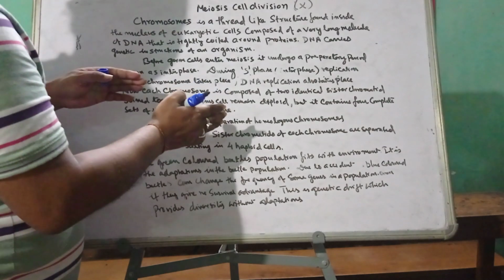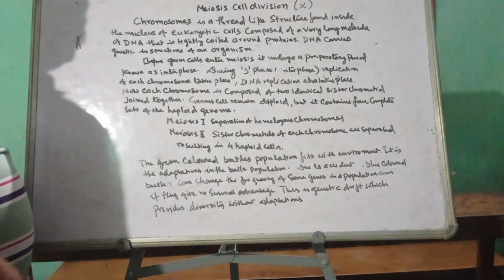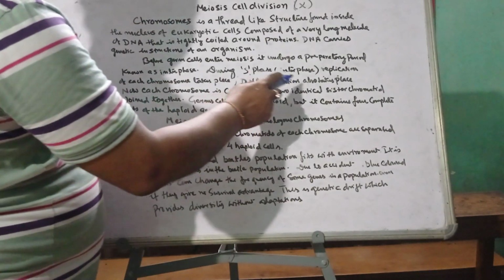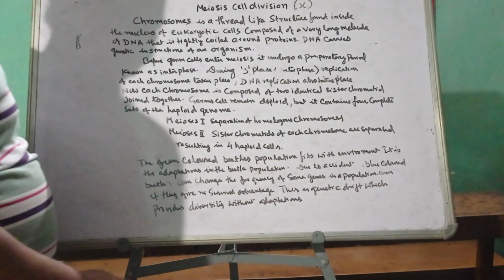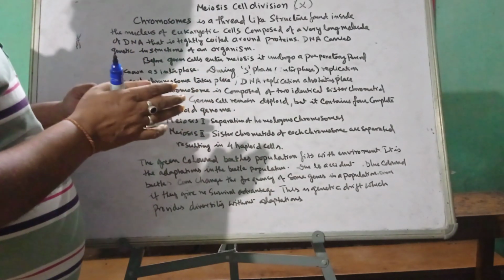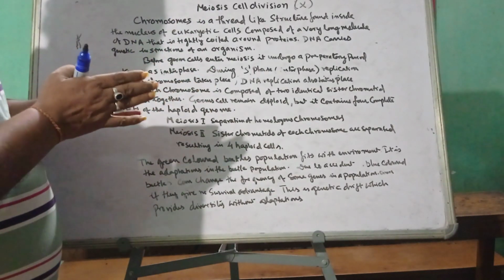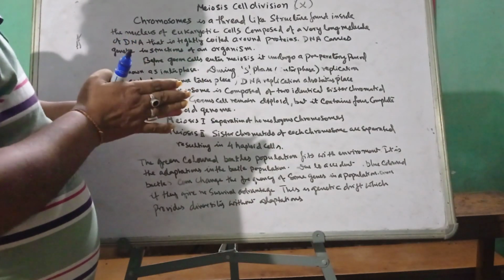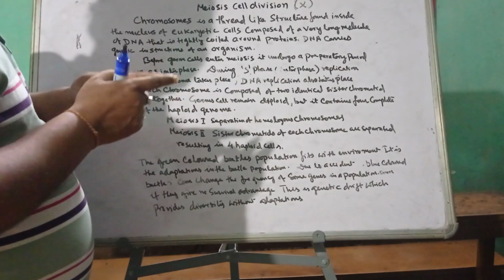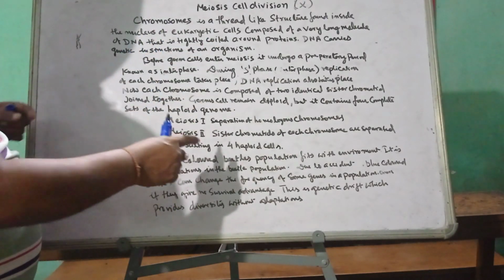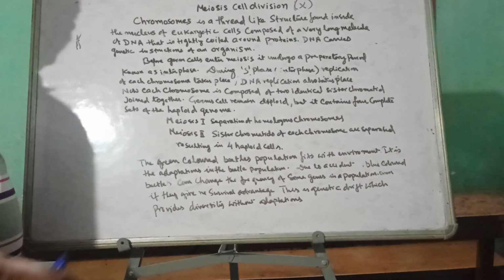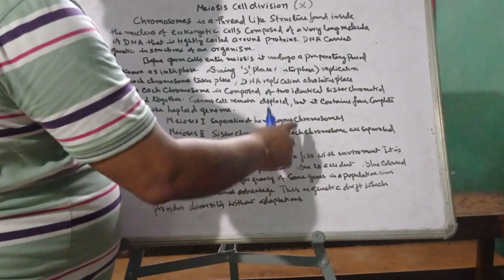Here the separation of the homologous chromosomes takes place, and in meiosis 2 the sister chromatids separate. Each chromosome has two sisters, so this will split up into four haploid cells. That means the gametes will be formed.